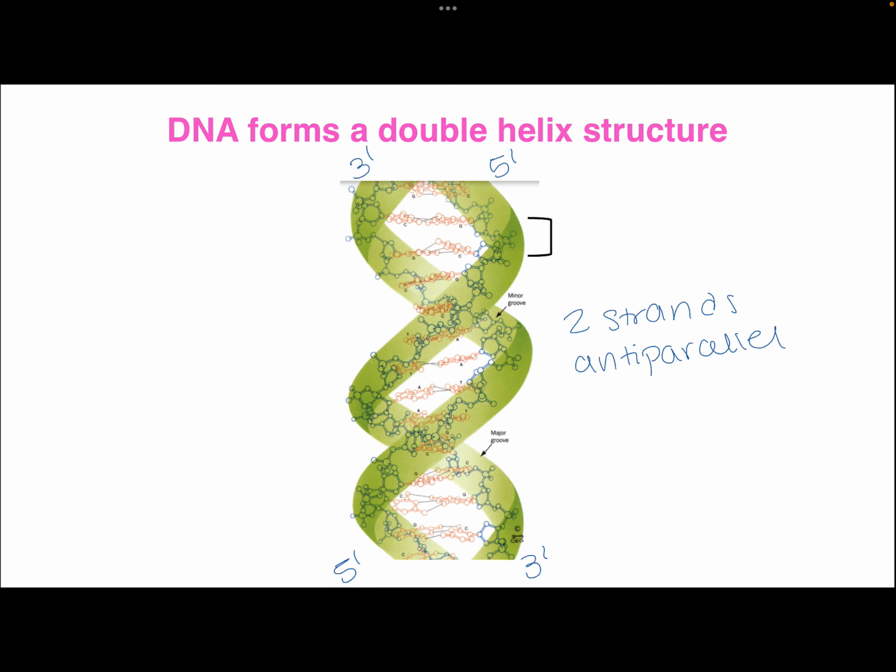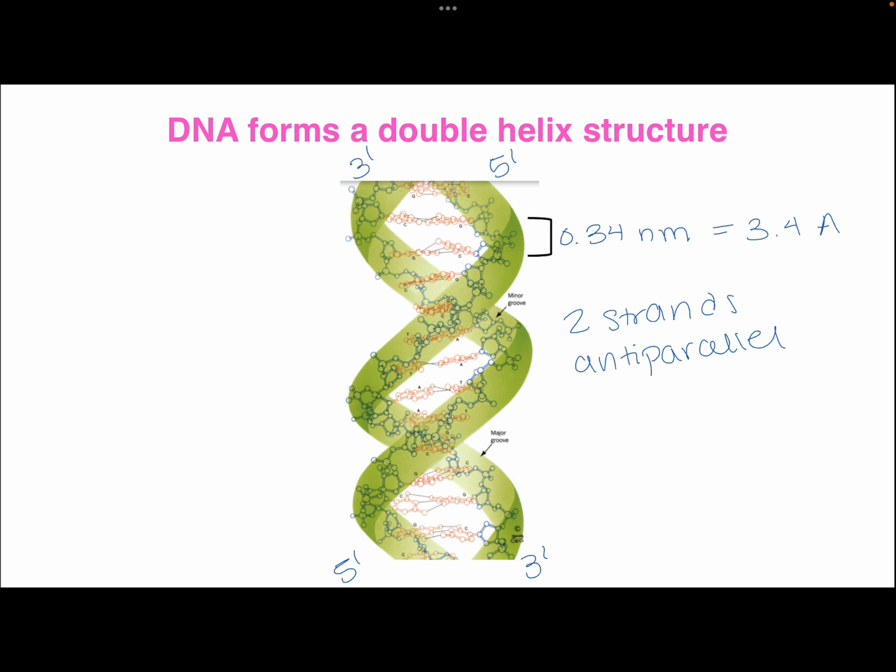We were also saying that on the inside of the helix, we have our nitrogenous bases pointing inwards, and that these stack up on top of each other like the rungs of a ladder with a distance of about 0.34 nanometers or 3.4 angstroms between them. So angstroms is just a power of 10 smaller than nanometers.